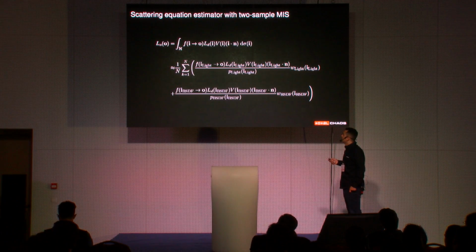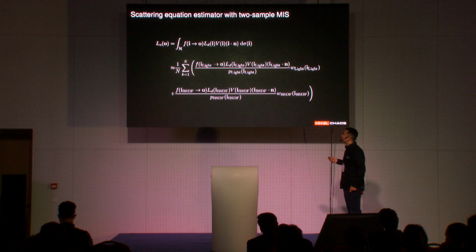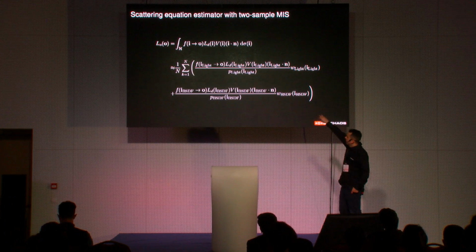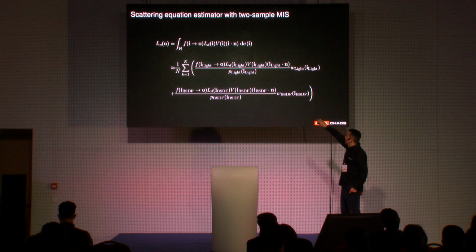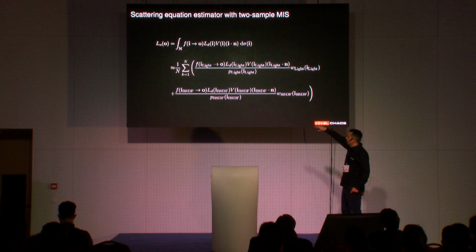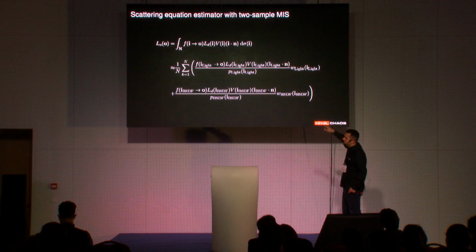So this is just an example of how we can write our estimator. The middle row is just the light strategy. The bottom row is the BSDF strategy. We combine them with the two weights, and we get the result.